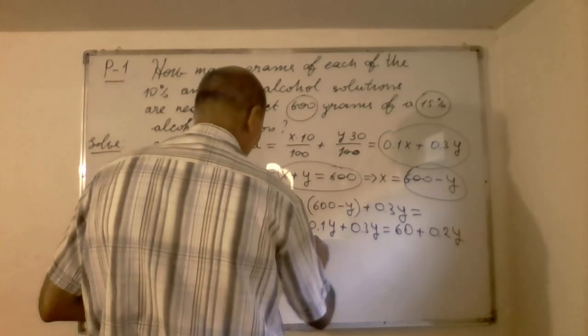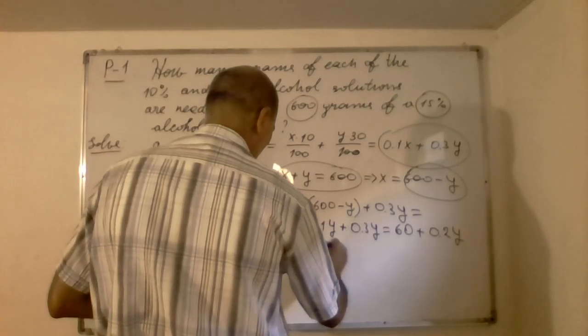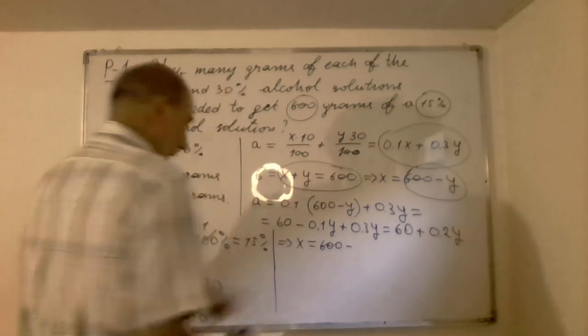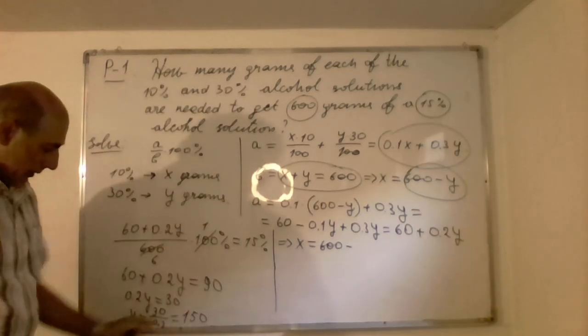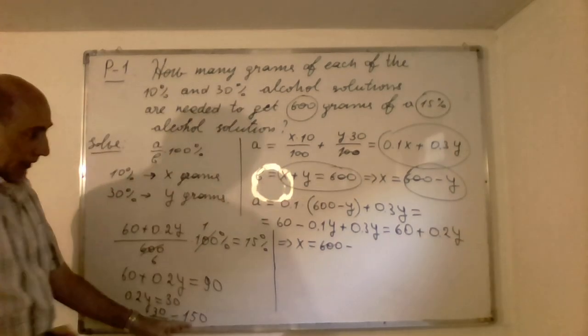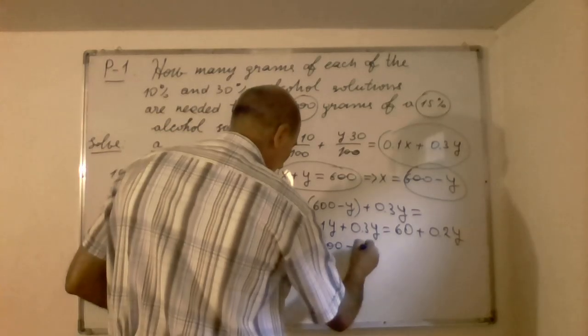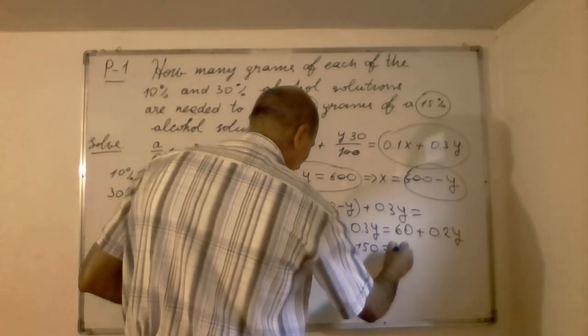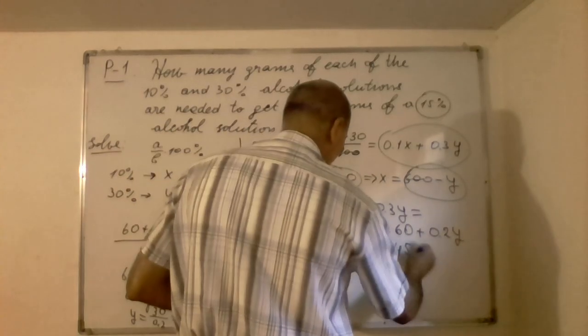And so we can write x equals 600 minus y, and y equals 150, which equals 450.